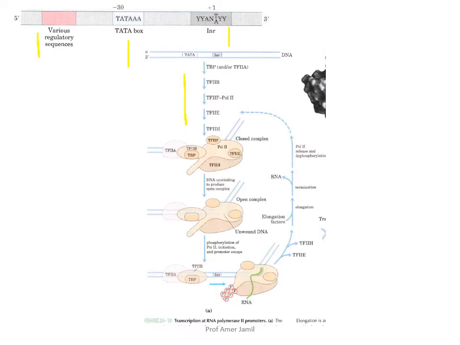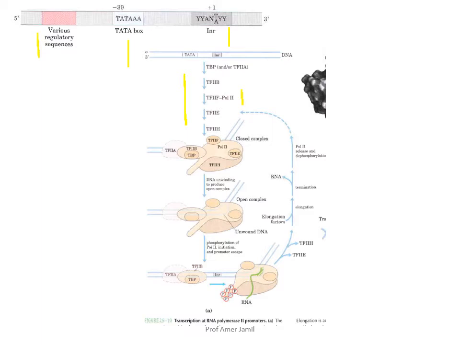But the main thing is that this TATA box is bound by a TATA binding protein, and this TATA binding protein then allows the binding of other transcription factors, which are referred to as transcription factor 2B, and similarly 2F, 2E, 2H. So all these bind, they come in place in a certain sequential manner. And finally, this polymerase 2, along with transcription factor 2F, comes in the picture, and then 2E and 2H.